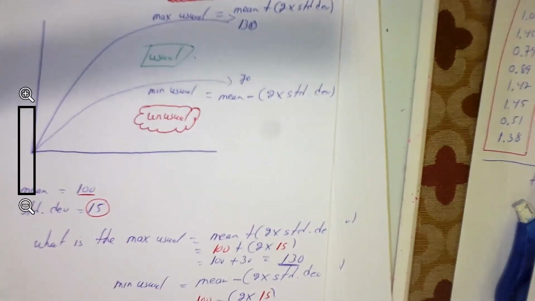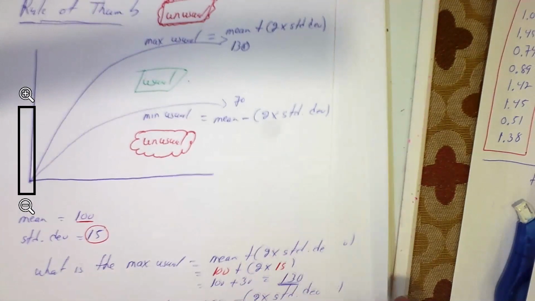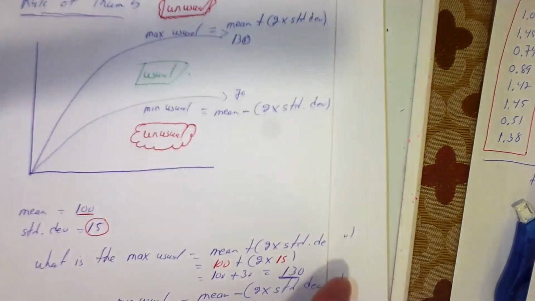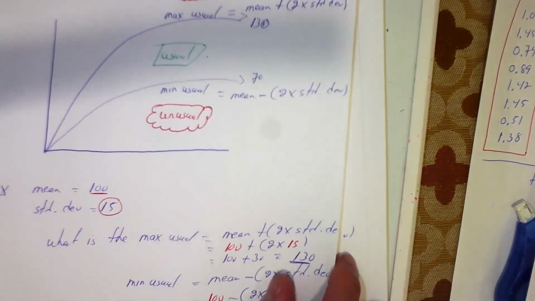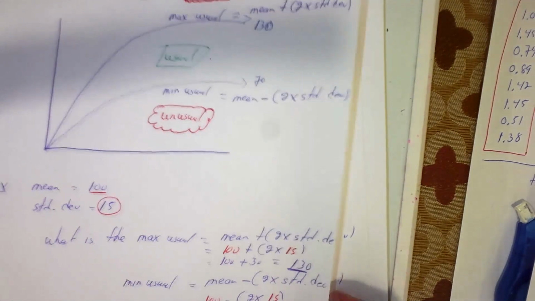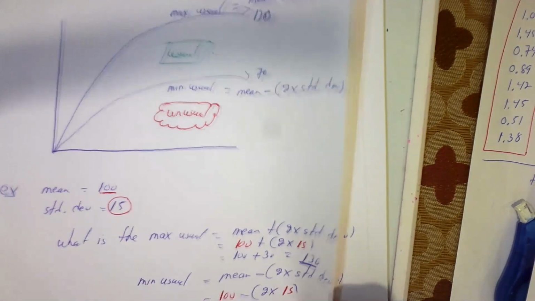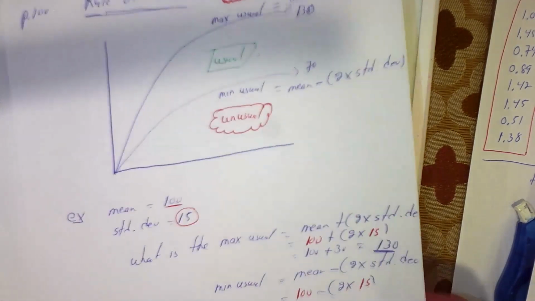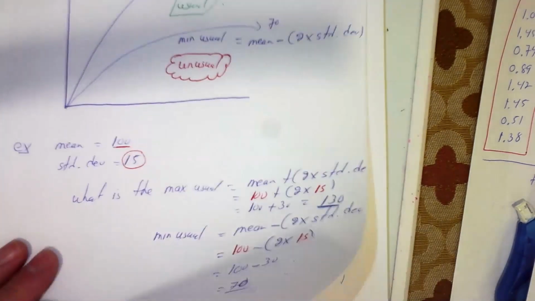Okay. All right, so there's your minimum usual and max usual. And now we're going to go through another rule, and this one's called the empirical rule.